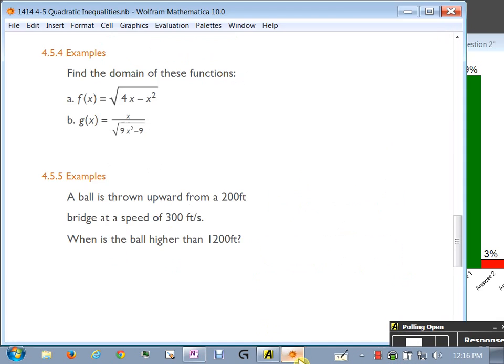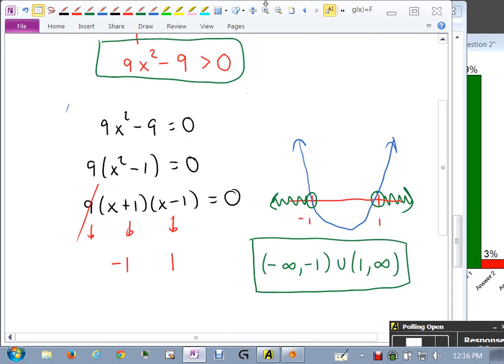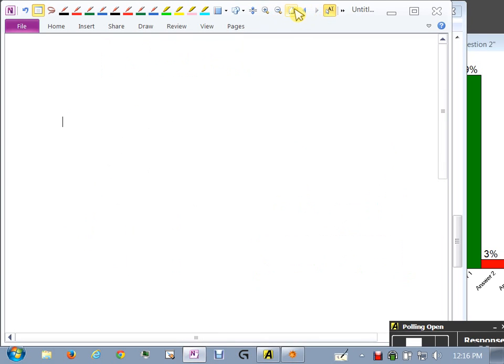Now, the last example here refers back to that bridge problem, the ball being thrown on the bridge. A ball is thrown upward from a 200-foot bridge at a speed of 300 feet per second. Same exact problem. When is the ball higher than 1,200 feet? So what does that mean? Greater than 1,200.